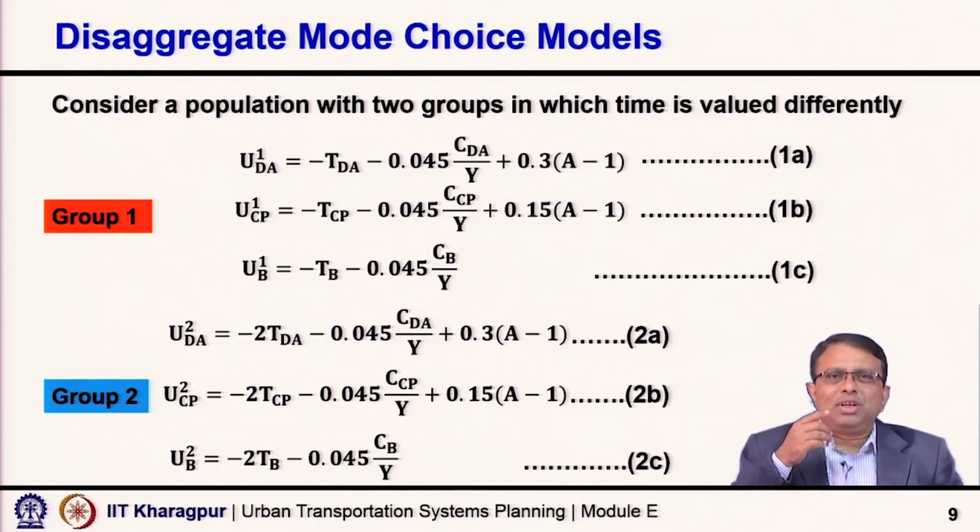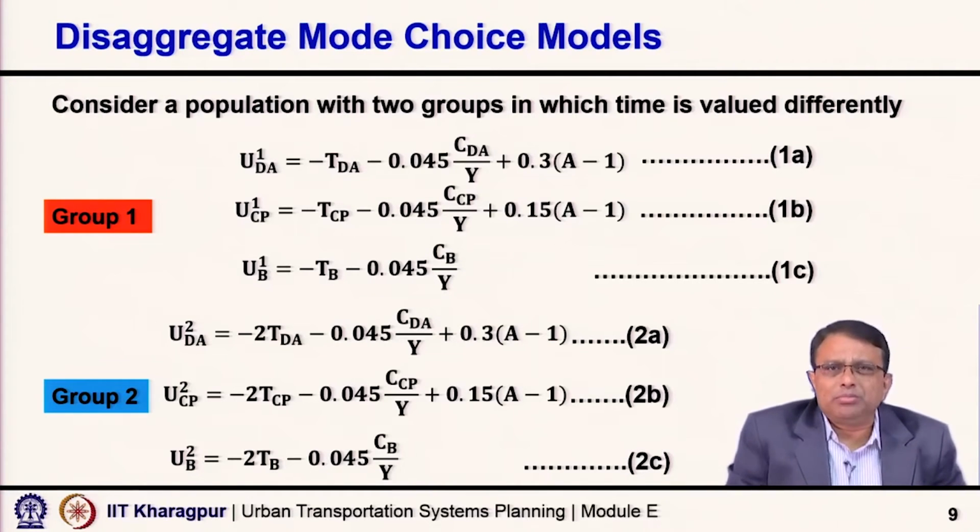These groups are different in terms of their perceived weightage on travel time. You can see every other coefficient is the same, only the weightage on the travel time is not the same in these two groups. Group 2 gives higher weightage to the travel time than group 1.